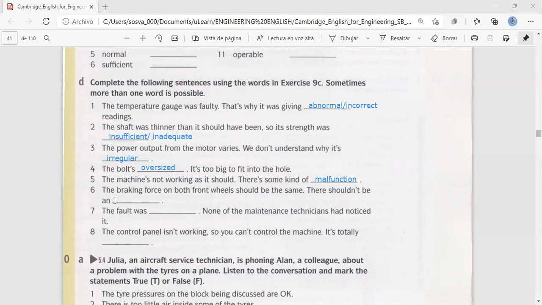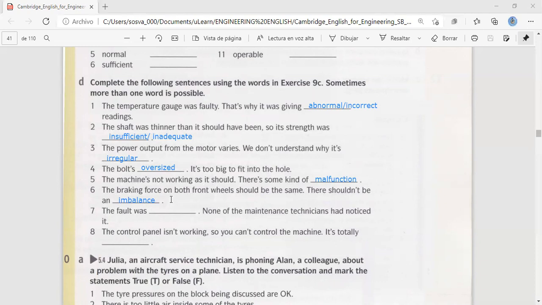That means we have two wheels, but they have different force. Alignment is not one of the words that we have here, but similar to alignment, what about balance? An imbalance. Exactly, because they do not have the same force.